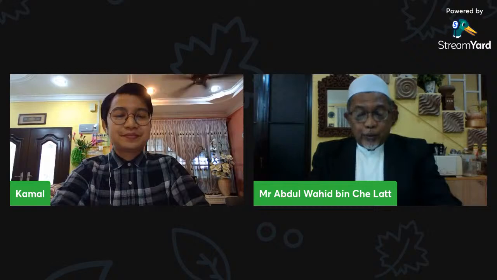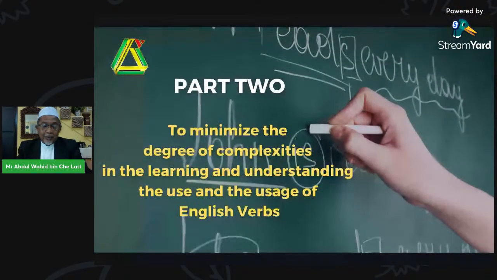Welcome back to the English language sharing session organized by the Darul Aman English Language Teaching and Learning Association. For part 2, I'll introduce to you a framework of the English verbs. Look at the framework given.